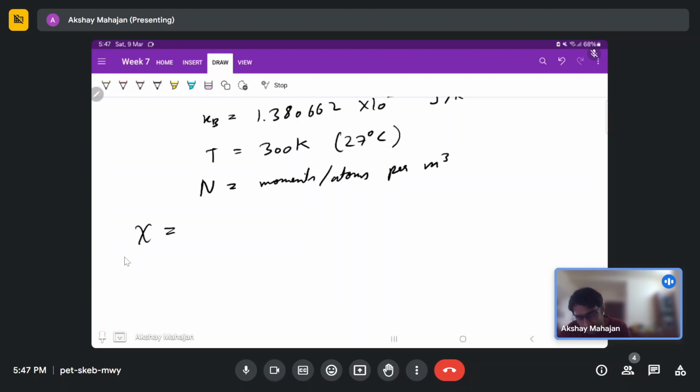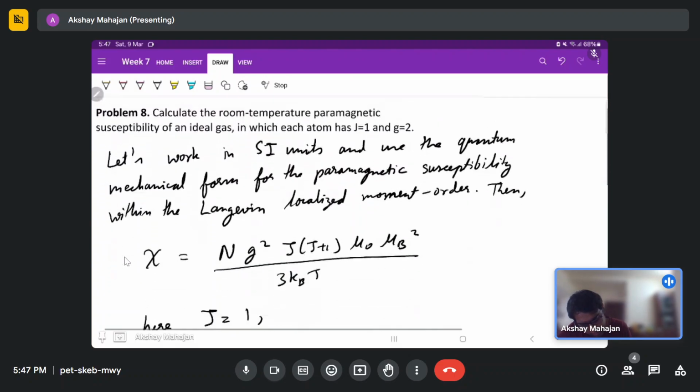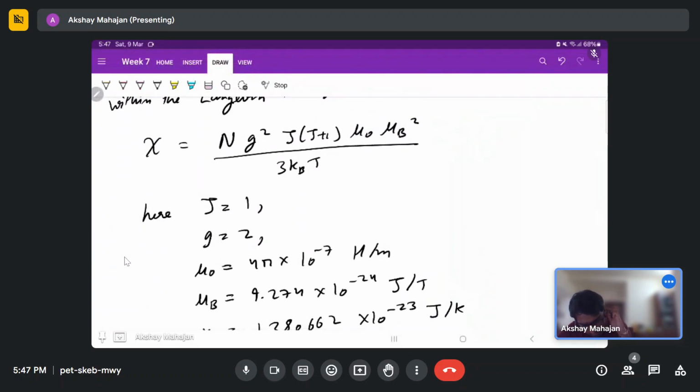So our susceptibility will be equal to n times the rest. We need g; small g is 2, so g squared should actually be 4, and then J is 1, and 1 plus 1 will be 2.